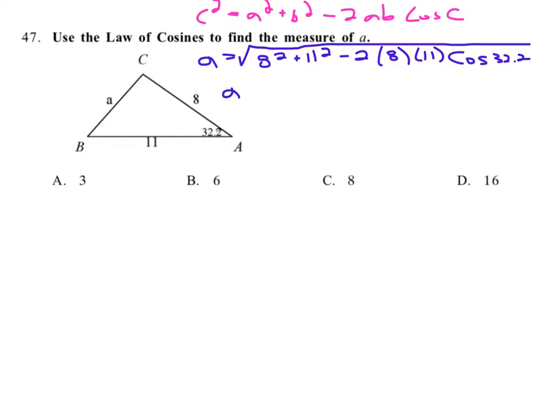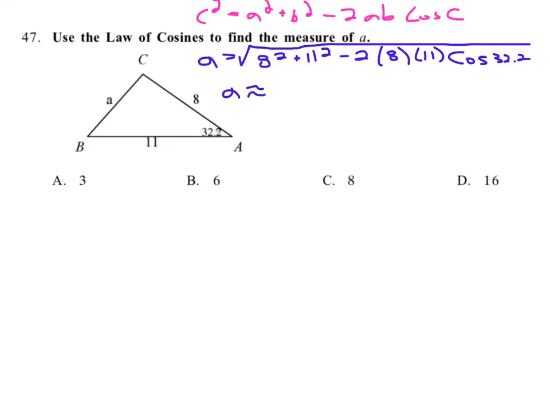And then you get A is approximately equal to, and now let's type it all the way into your calculator. Hit the second button and then the x squared, which will give you a square root symbol, and you can hit 8 squared plus 11 squared minus 2 times 8 times 11 times cosine of 32.2.